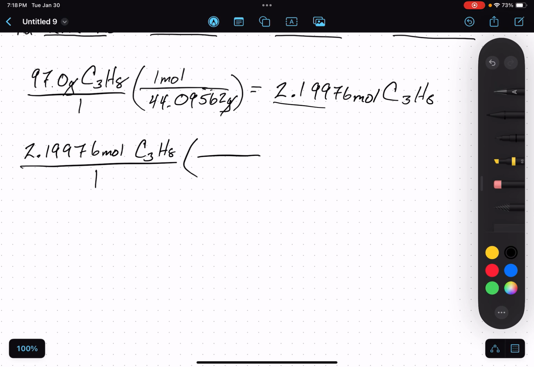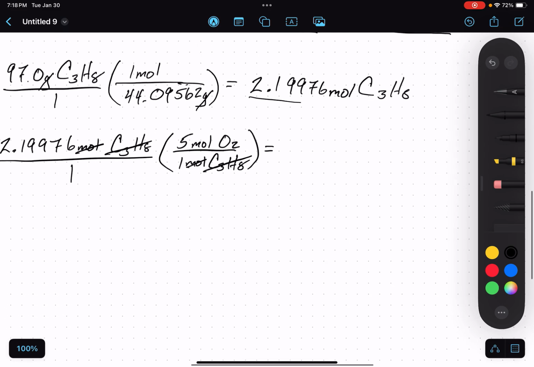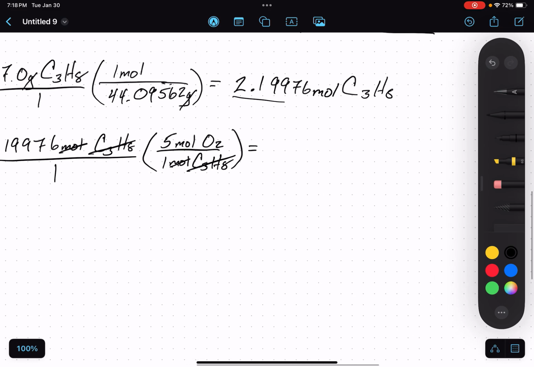So I'm going to put that 1 mole C3H8 and 5 moles of O2 on top. This way, not only do moles cancel out, but so does the propane. So I'm going to take 2.1997 times 5, and that comes out to be, what is it here?